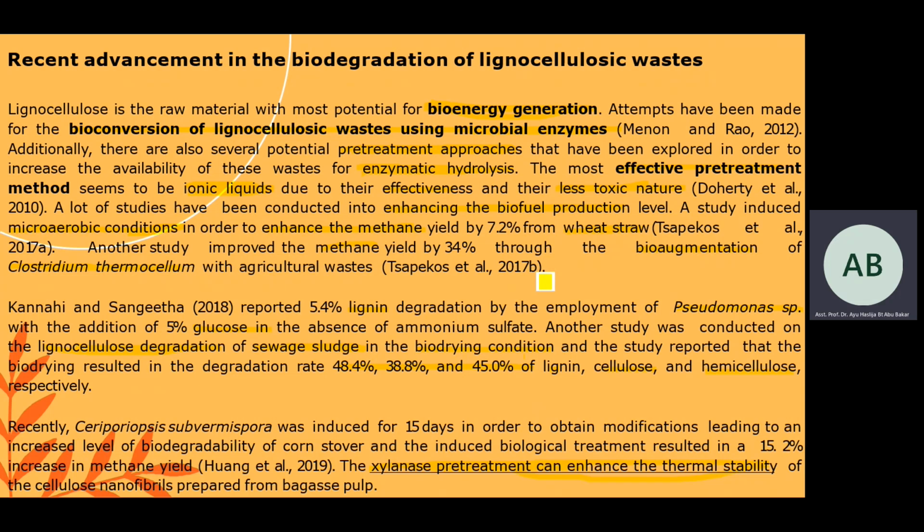And before they can proceed to the bioenergy application or any bioconversion, they will need to go through the pre-treatment method. Okay, the pre-treatment method. Okay, so basically biofuel, which is the bioenergy, and also the application of microbial enzyme to degrade the lignin.